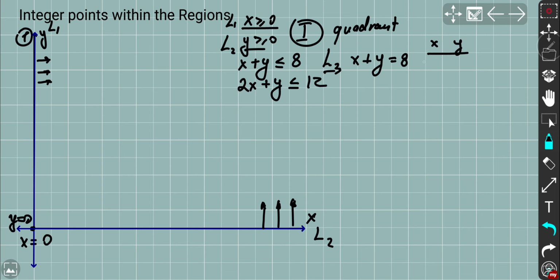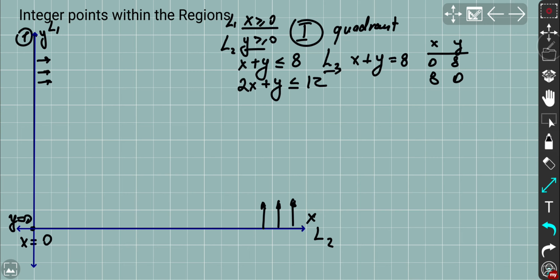But I know that when x is 0, y equals 8, and vice versa. When y is 0, x equals 8. So this is definitely an identity line, but it's shifted by 8 units up, and it goes with a negative slope. If you transfer x to the right side, you can see that y equals negative x plus 8.